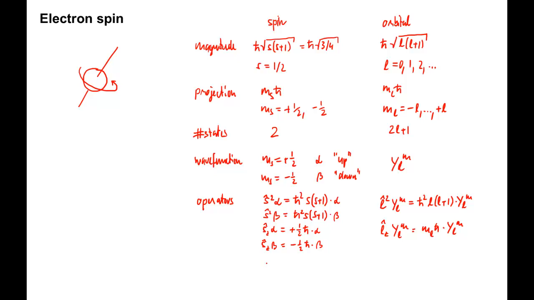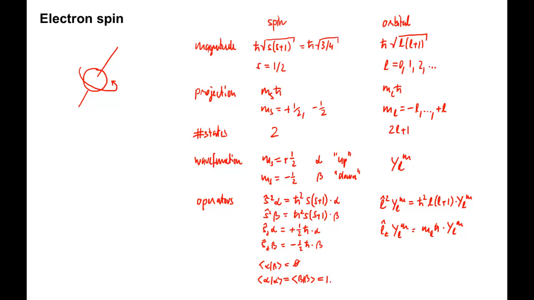Since there is no spatial variable associated with spin, it's best to write this in the more general bracket notation. Bracket alpha beta equals 0 for the orthogonality, and bracket alpha alpha, which is the same as bracket beta beta, equals 1 for normalization.